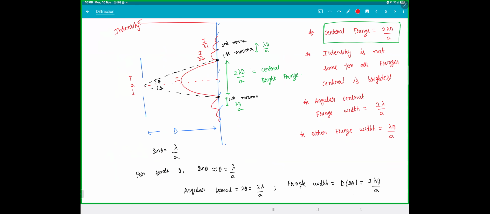In a way, if you think about it, your eye is actually a single slit, isn't it? If you close one eye and see something, isn't your eyeball a single slit? So the light entering your eyeball also undergoes diffraction. That means when you see something, technically you should be seeing not one but images one on top of another.